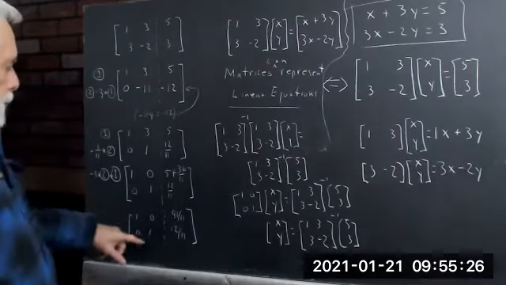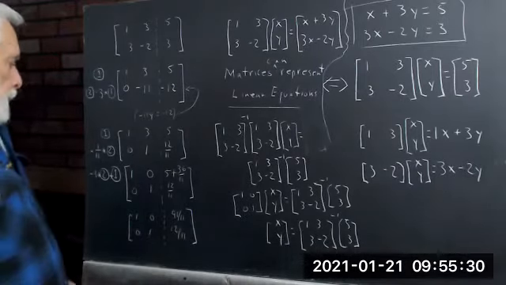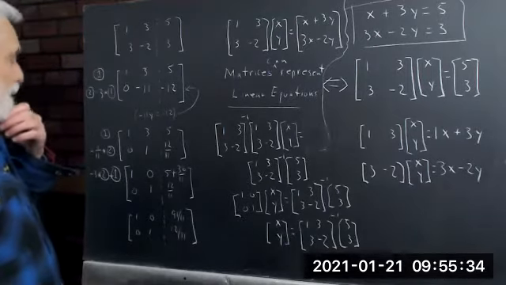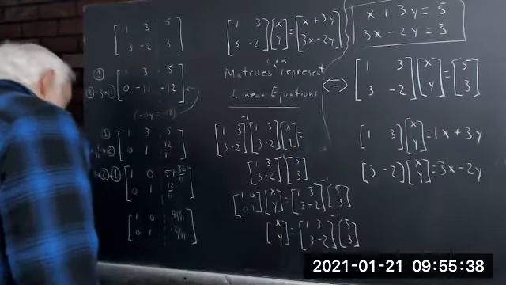And here I've got 0, 1, 12/11. Okay. Now again, I don't have room to write it here, so I'm going to write it here because I want this last step to be clear.